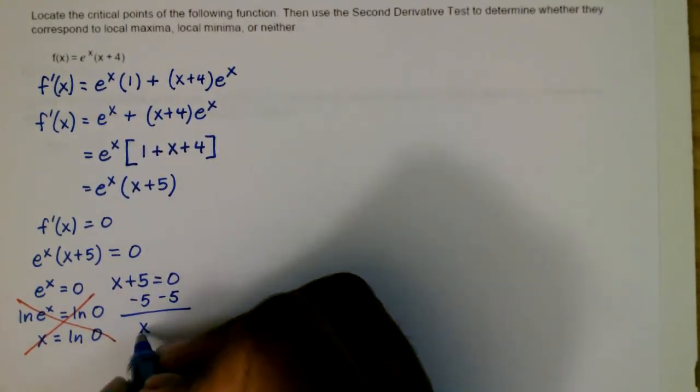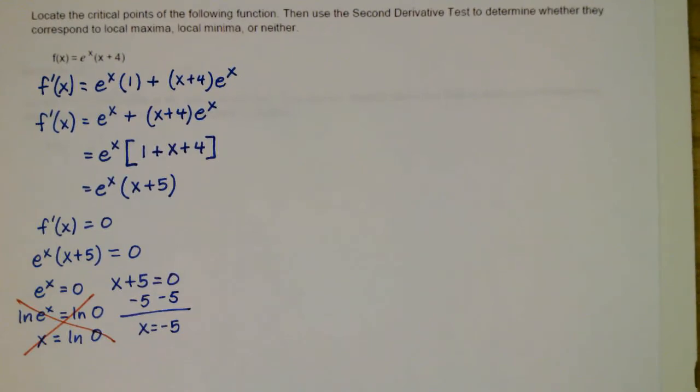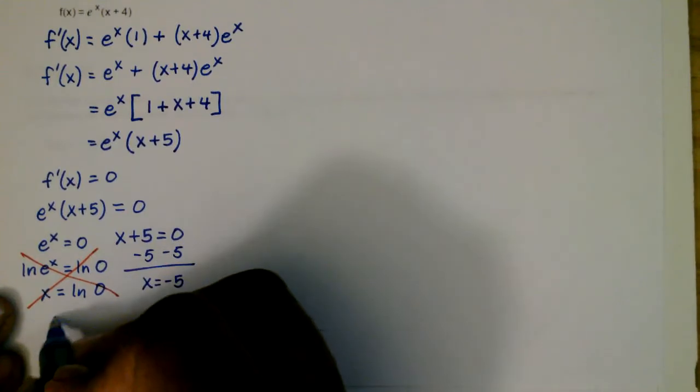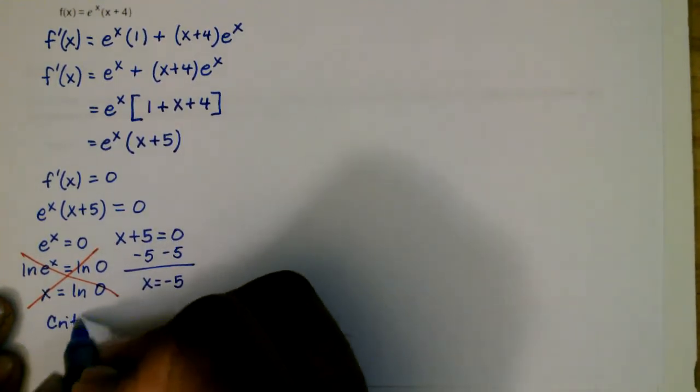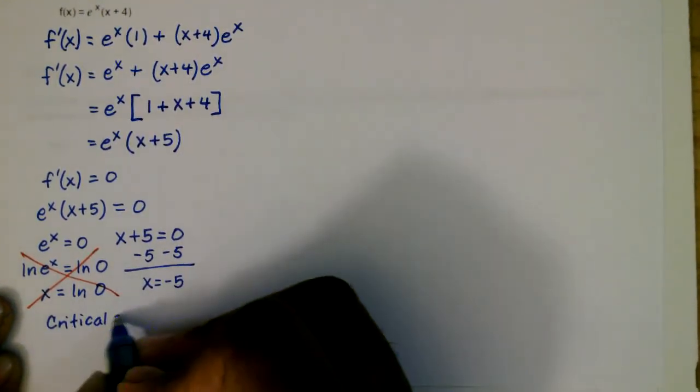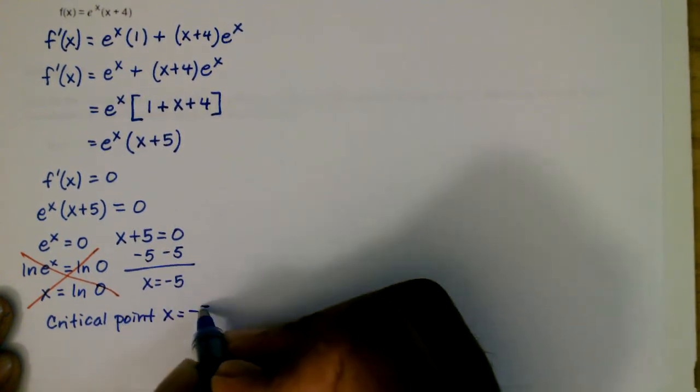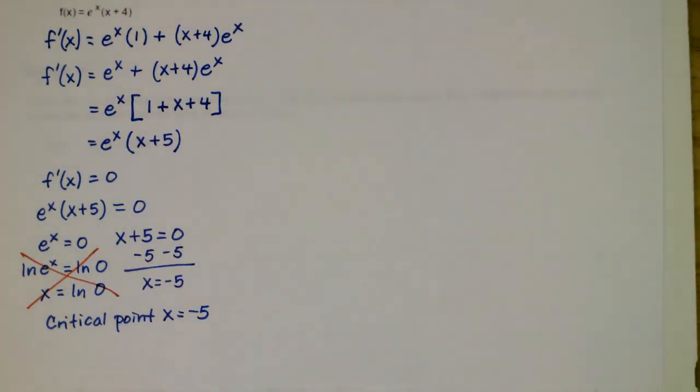That will give me x equals negative 5. Okay, so that's my critical point. I mean, x equals negative 5 is my critical point.